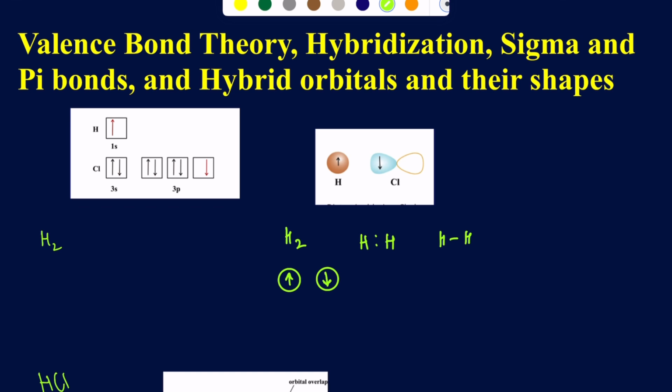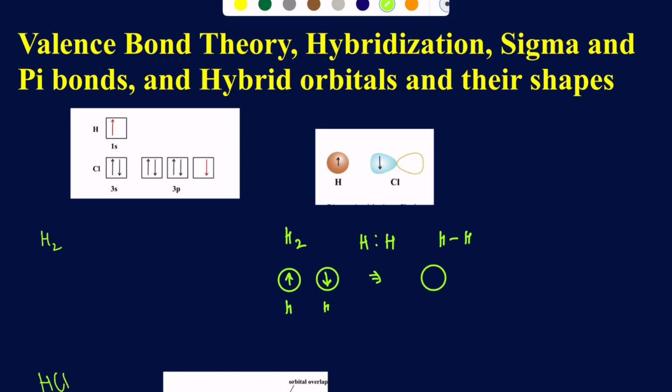That's another postulate of the valence bond theory: whenever you put together two atoms to make a bond, their electrons will have opposite spin. So I've got one s orbital from one hydrogen atom, one s orbital from another hydrogen atom. Now they're going to be overlapping, and that's how you're going to make the bond.